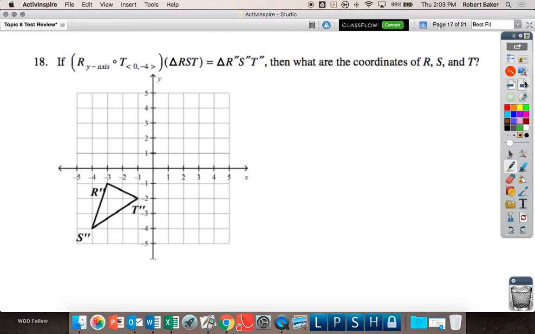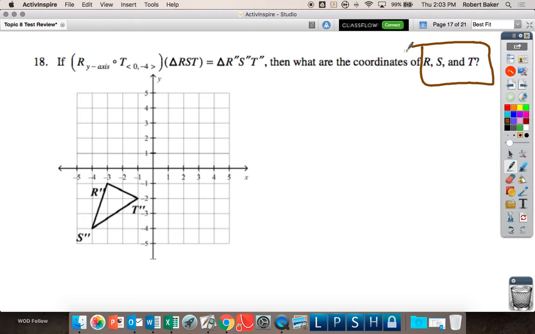So, look at what this is saying. And this is like, how much geometry speak do you know? If you do a reflection composed of a translation to triangle RST and get triangle R double prime S double prime T double prime, what are the coordinates of R, S, and T?